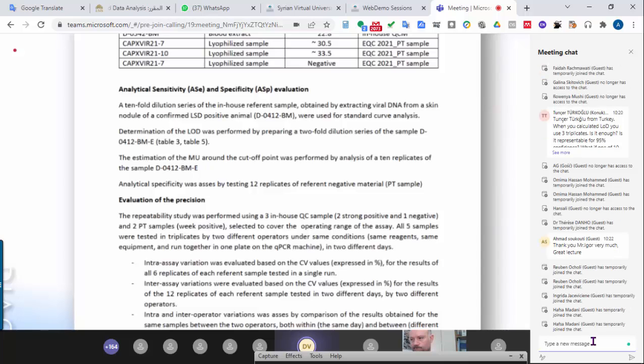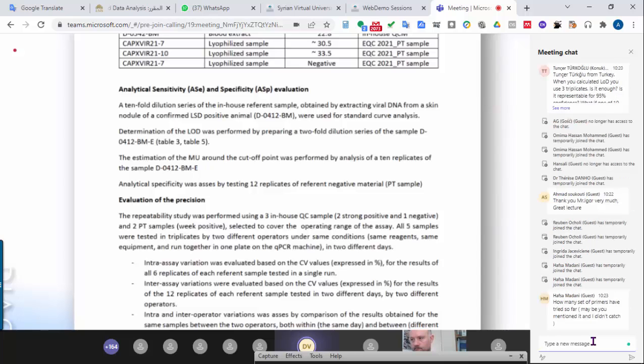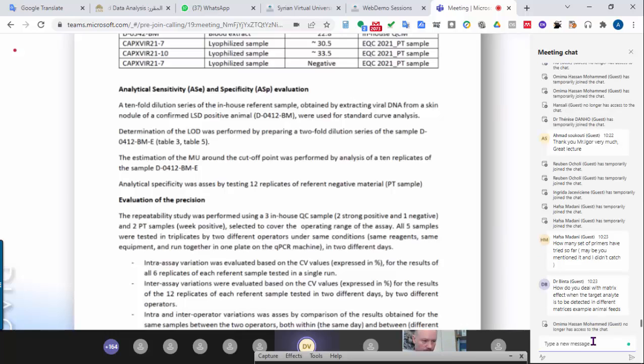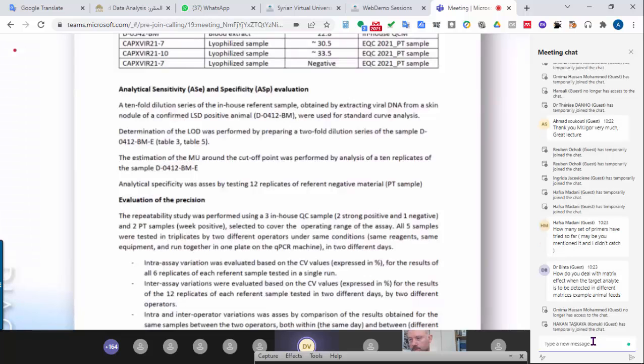If you have performed every one of these steps, then you can publish it, of course, but if not, then you just do not call it validation. You call it development of a new assay for this and that, and then you state what performance of the assay you examined, and that is it.